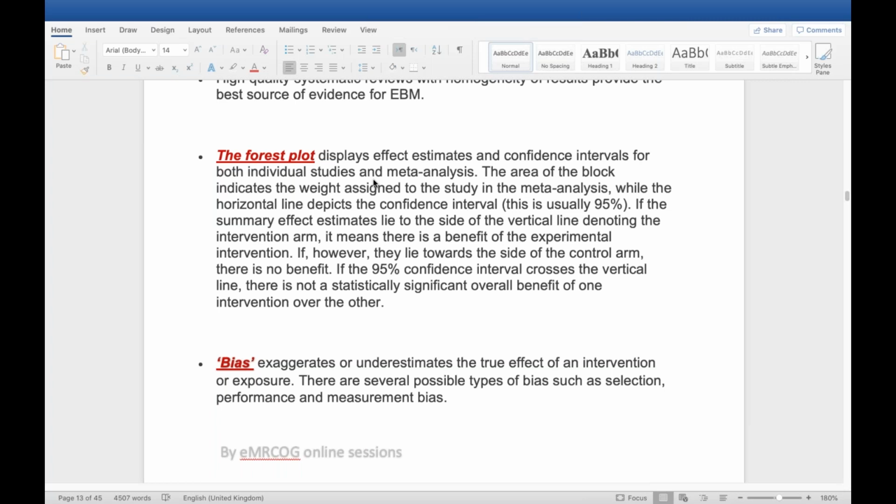Forest plots are used when you're doing a meta-analysis in a systematic review. You have some studies, and you have to put their results in a graph. So you have some studies with results, whatever these results are: survival, or disease-free survival in cancer and these things.